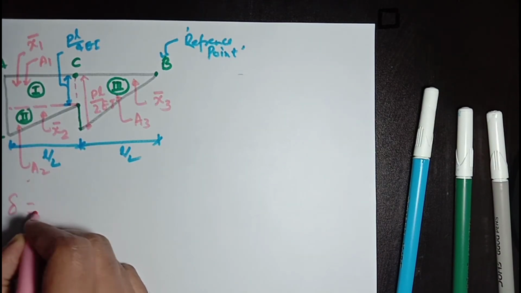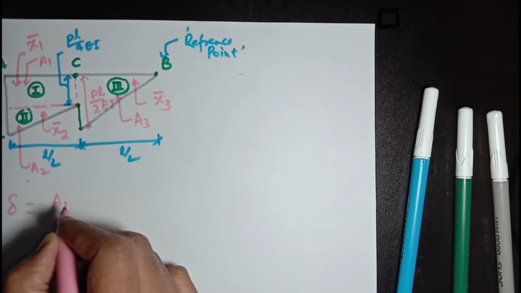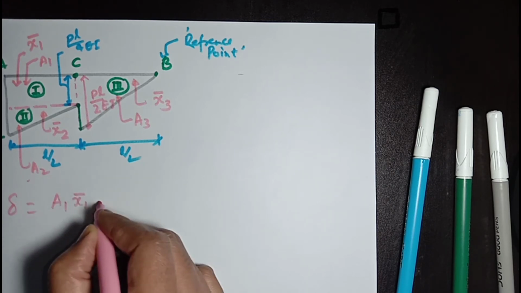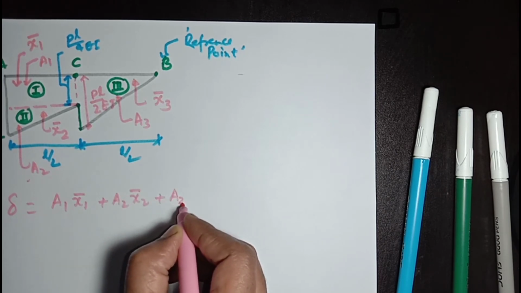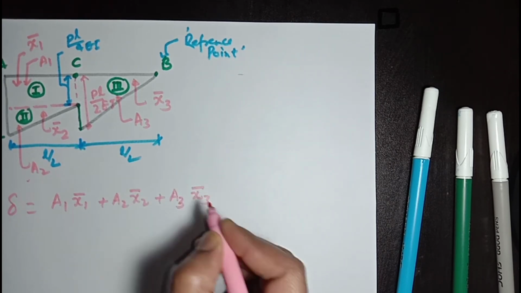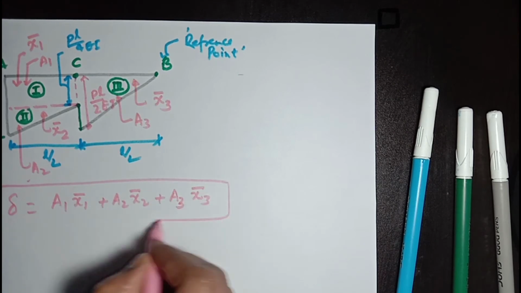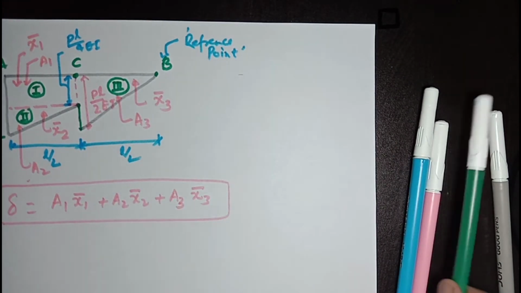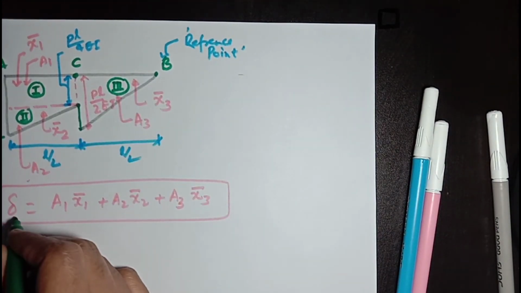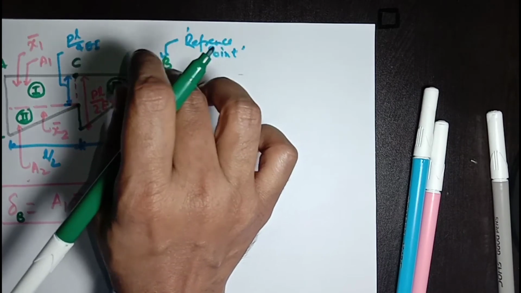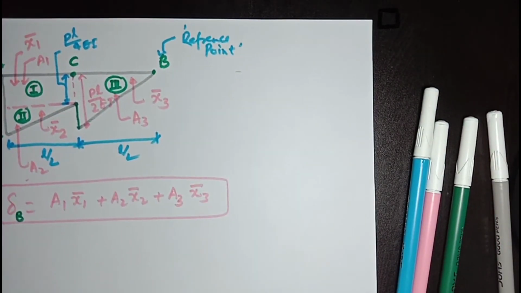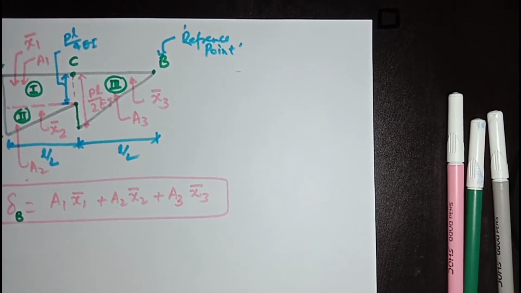So delta, as per the moment area method, will be a1 x1 bar plus a2 x2 bar plus a3 into x3 bar. This will be the deflection, and as we are going to find the deflection at B, we will call it delta B, and we will be taking all centroids from this reference point. This is the benchmark, and area calculation is very easy.